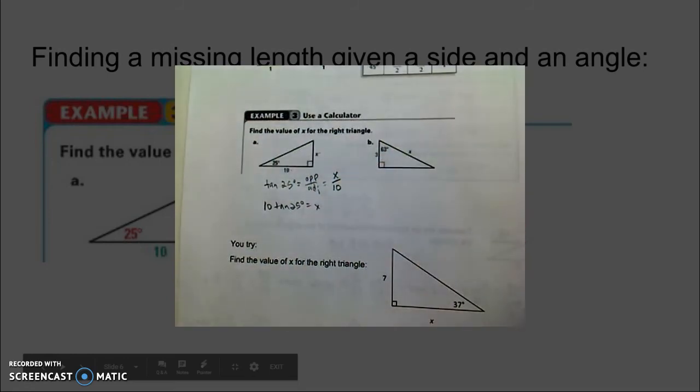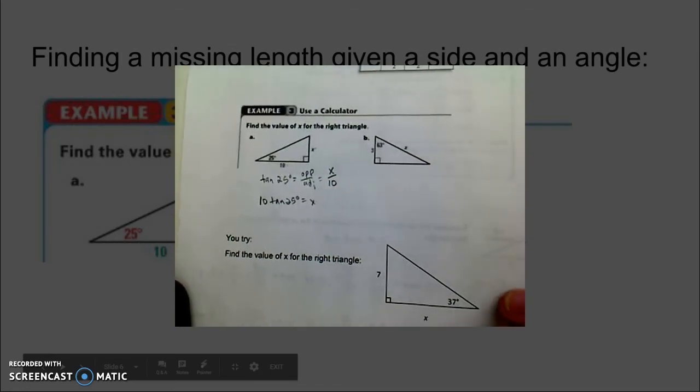Now remember, the tangent of 25 degrees is just a number. However weird it is, it's just a number. So I can go to my calculator. You're going to want to go to your scientific calculator on your phone, so turn it sideways. And you punch in 2, 5 and then tan, and that'll give you the tangent of 25 degrees, 0.4663. Then multiply that value by 10.